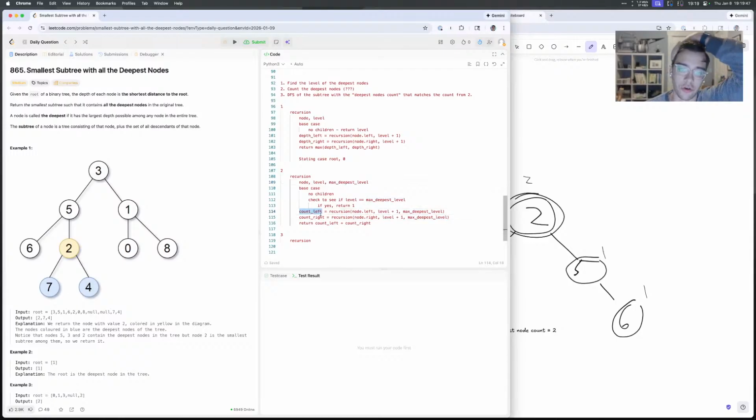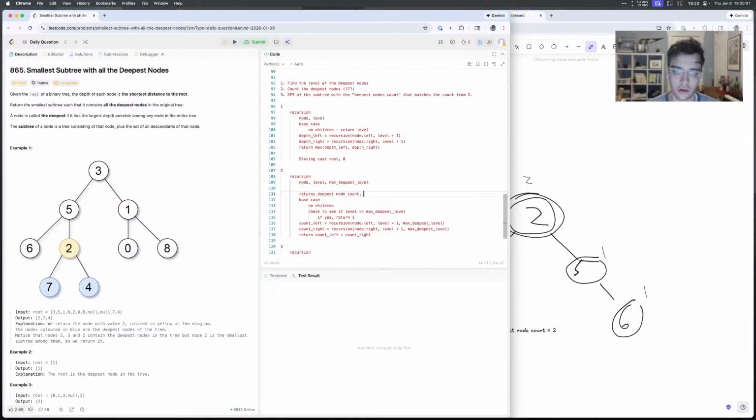To combine the two, you could return the count and the deepest node count. So one answer is this.